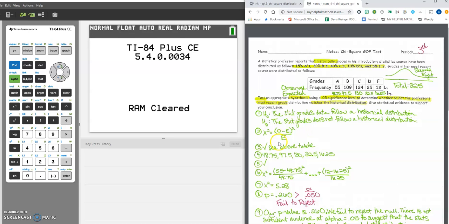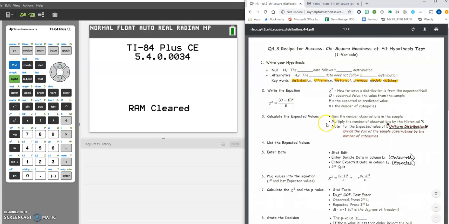Now, as always, our step 2 is to go ahead and write out the equation. So we will follow X squared is equal to observed minus the expected, squared. Again, notice that is in parentheses, divided by the expected values. Now, in step 3, it tells us to go ahead and calculate the expected values. If we take a look at this recipe card, again, we said this was historical.